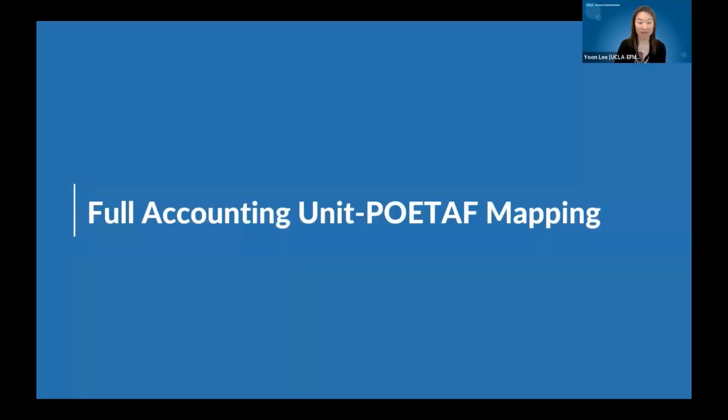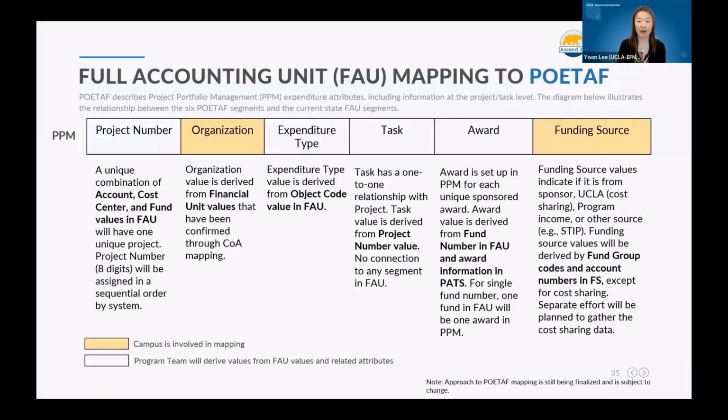Next slide, please. So now let's take a look at the relationship between the current state Full Account Unit, which we call FAU, and the new POETAF that will be used in the Oracle PPM in future. As those who attended the previous town hall back in February may recall, POETAF stands for project number, organization, expenditure type, task, award, and the funding source.